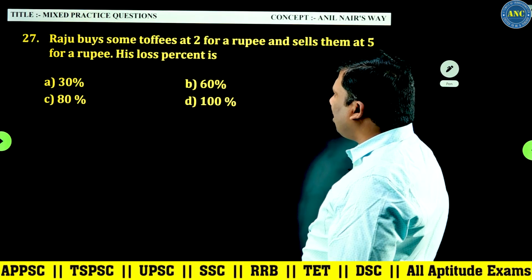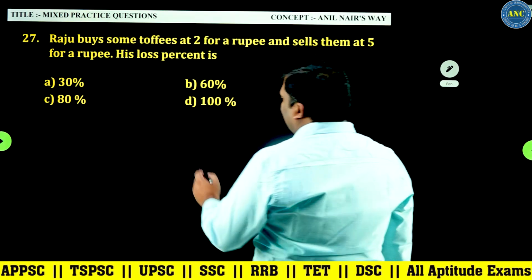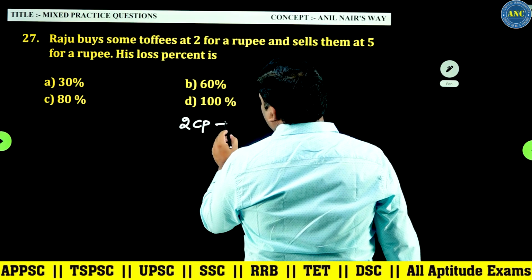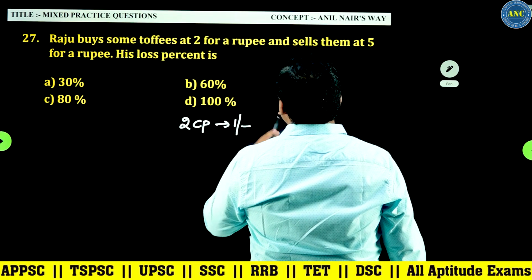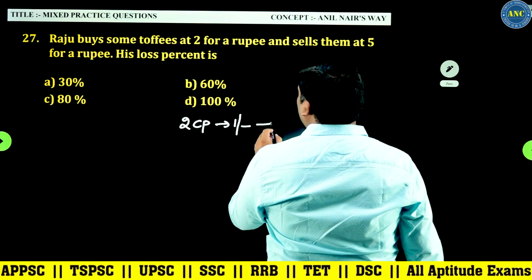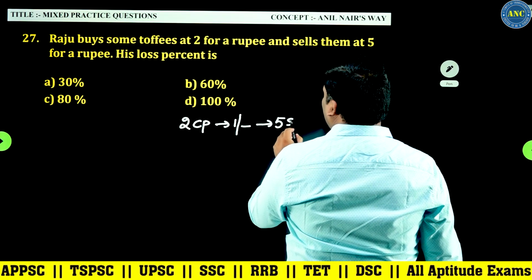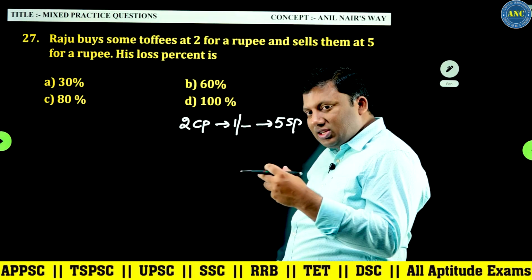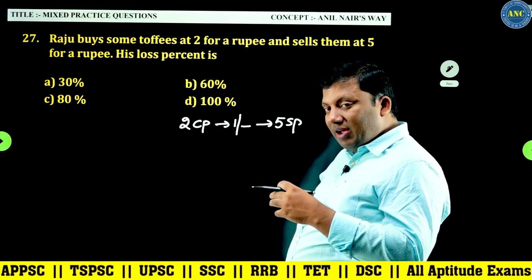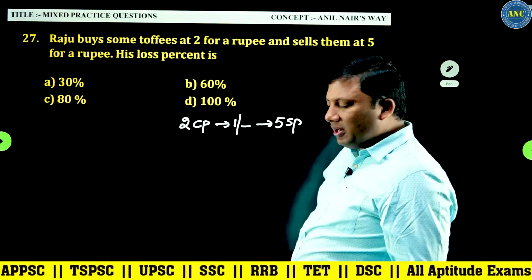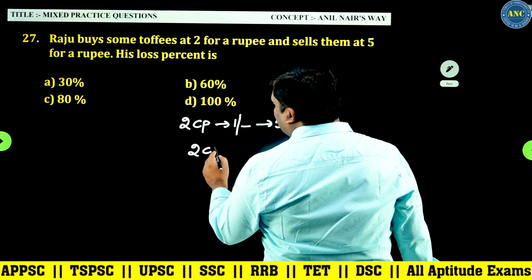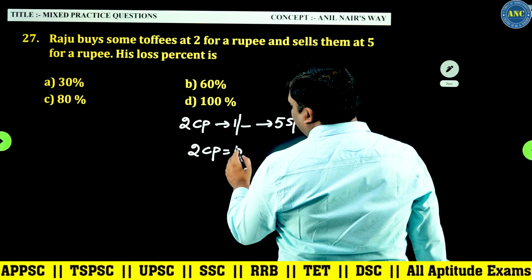Raju buys some toffees at 2 for a rupee. He purchased 2 toffees for a rupee. For the same 1 rupee, he sold 5 toffees. With 1 rupee, he purchased 2 toffees. With that same 1 rupee, he went to another place and sold 5 toffees. So 2 CP is equivalent to 5 SP.